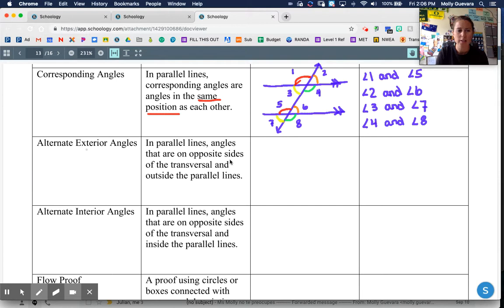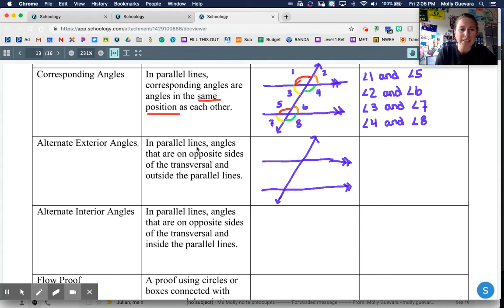Moving on to alternate exterior angles. If I have two parallel lines and a transversal, I'm just going to draw similar images every time, but know that it works for any transversal, okay?